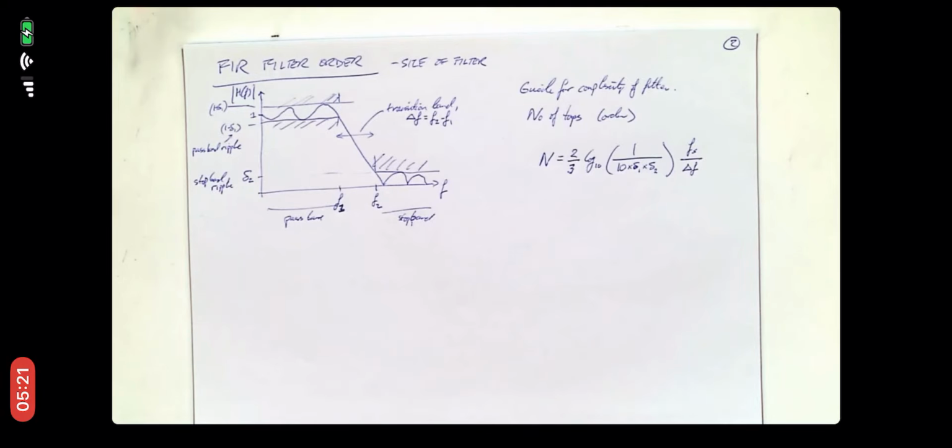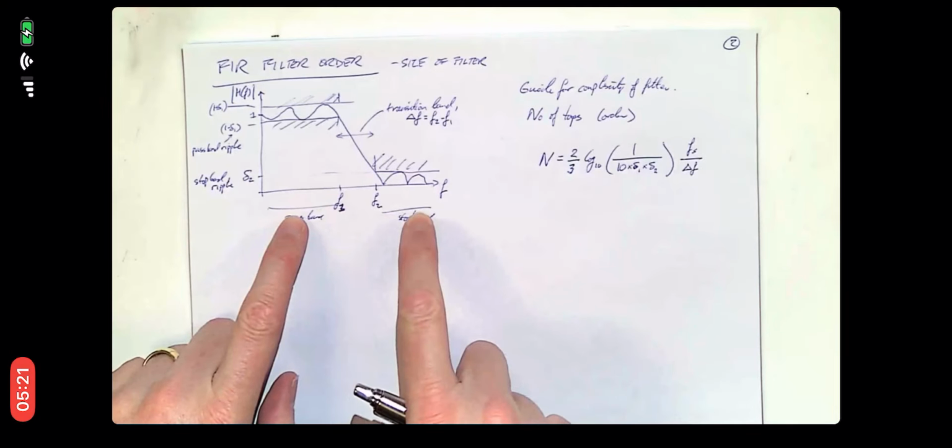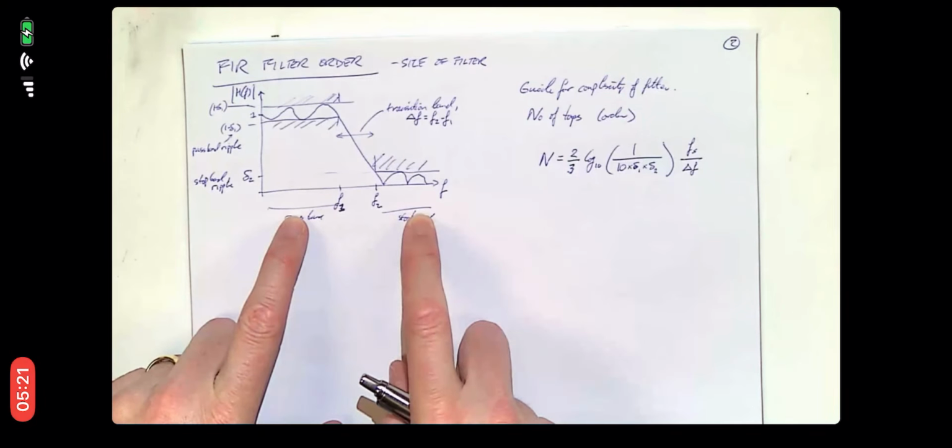So let's have a look at, as an example, where we're going to do this in a single stage first. Yes, question? So we want to increase the transition band. Yes, sorry if I said reduce, my mistake. So we want to increase the transition band. The wider we make the transition band, the easier it is to design the filter.